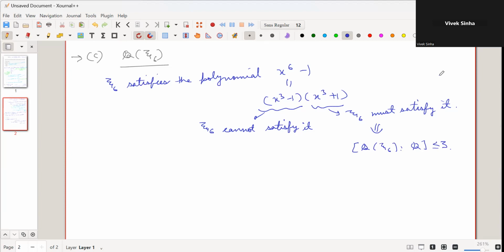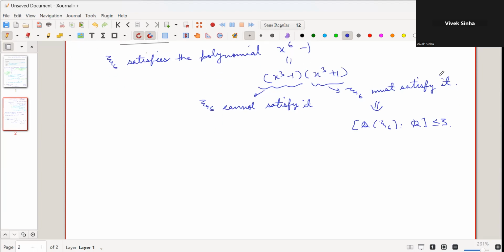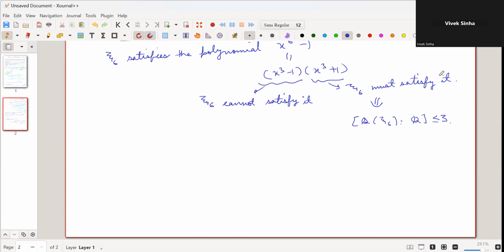Now, the claim is x³ + 1 is irreducible. But to show this, we cannot apply Eisenstein criterion in this form. So we will use the lemma.